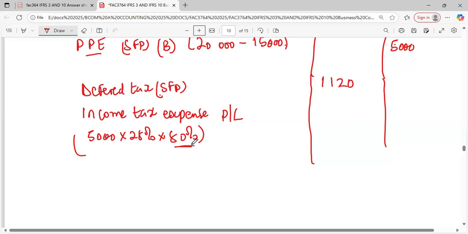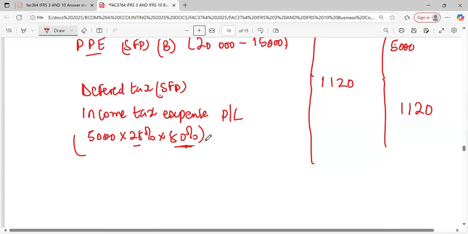If the asset is realized through sale, it means any profit on it, you need to apply the 80% when you are calculating your tax. If it can only be realized through use, then you only apply 28%. You don't apply this 80%.